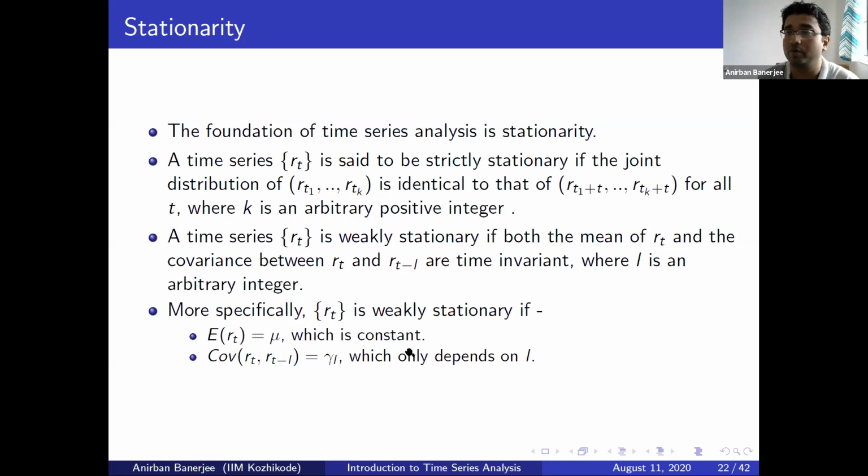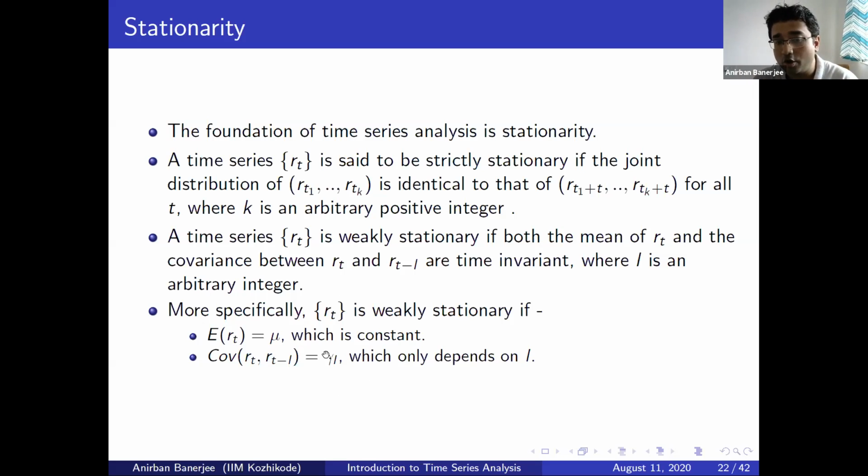So at any point of time you take these observations, the mean is always constant. And second, the covariance of RT and RT minus L. So RT is your observed series, RT minus L is the same series shifted by L terms.